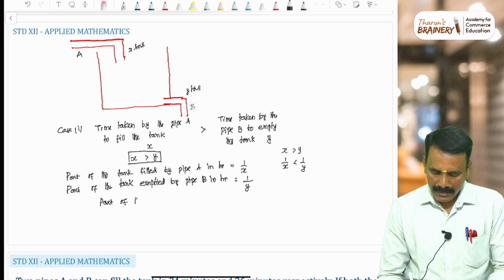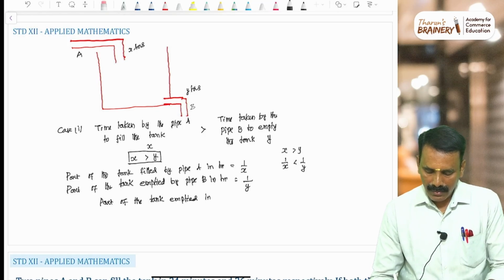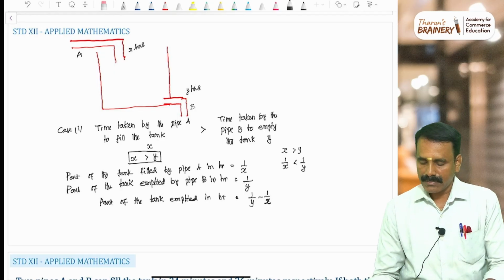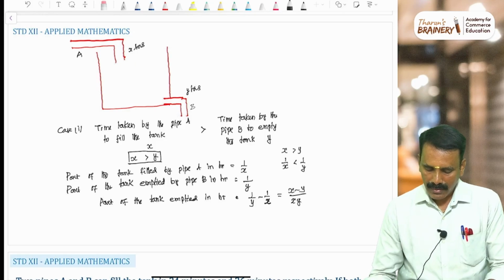Part of the tank emptied in 1 hour will be equal to 1 by Y minus 1 by X, which is nothing but X minus Y divided by XY.